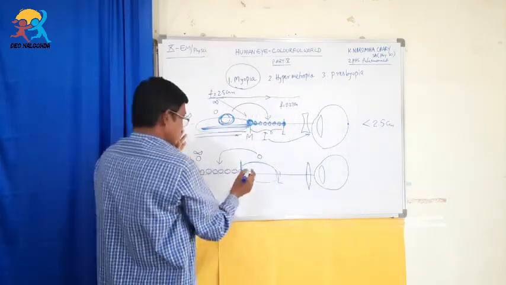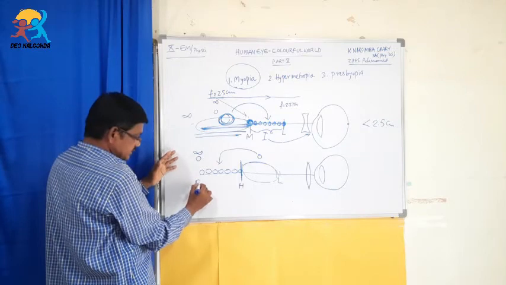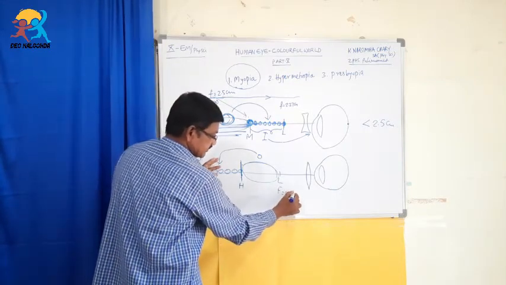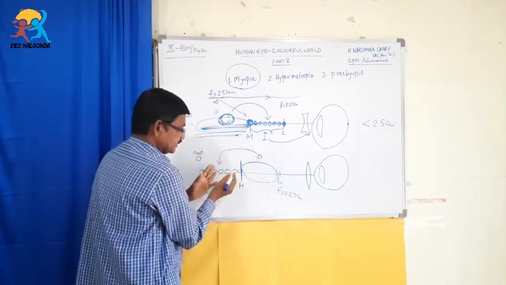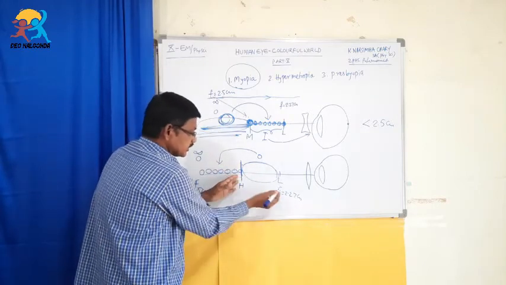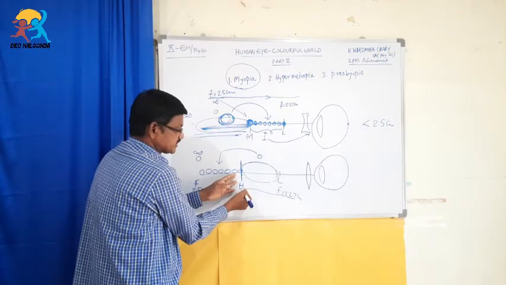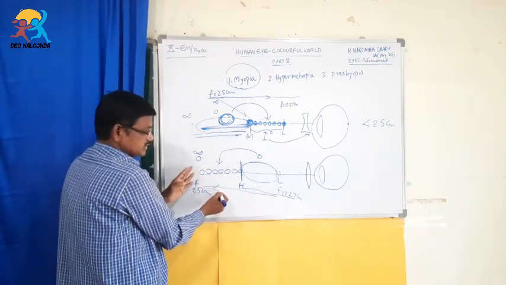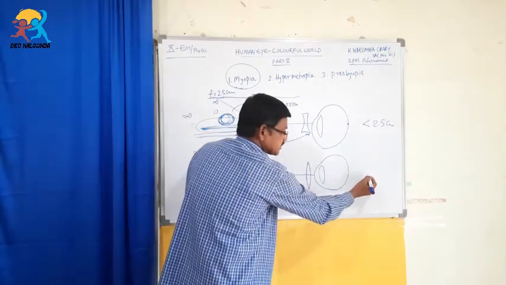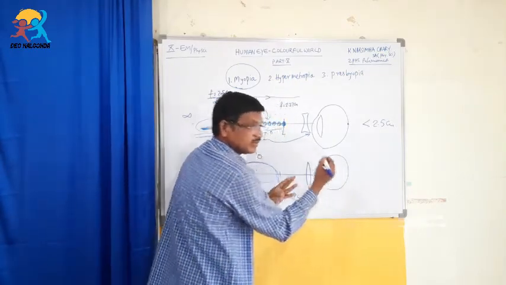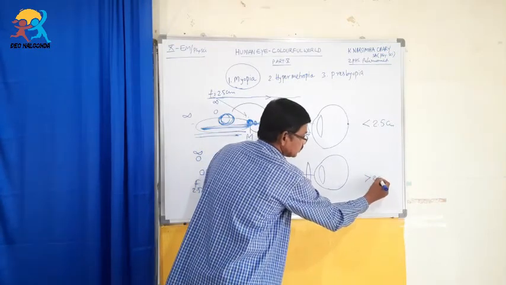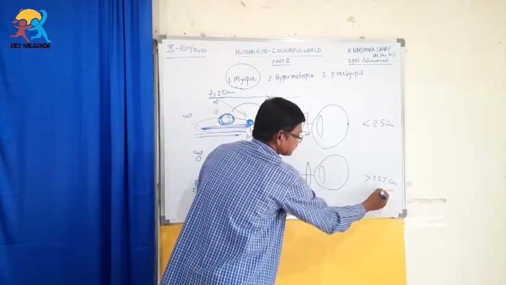And we say that the minimum focal length of the people suffering from hypermetropia is greater than 2.27 centimeters.